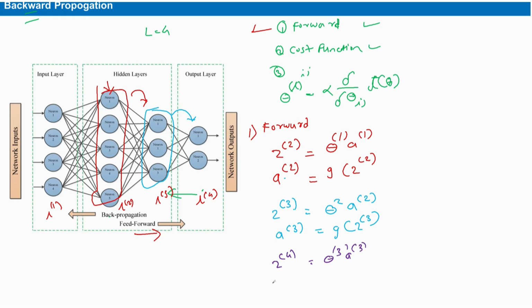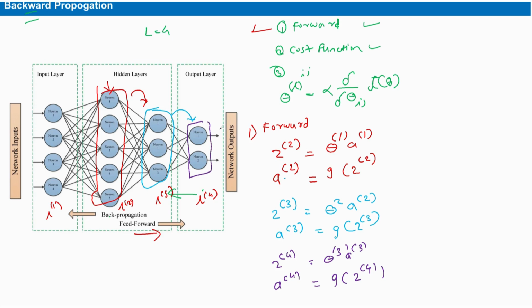And in the last, we will find out the activation with respect to layer 4, A4, by applying the activation function on this linear computation. Like that we will get this.